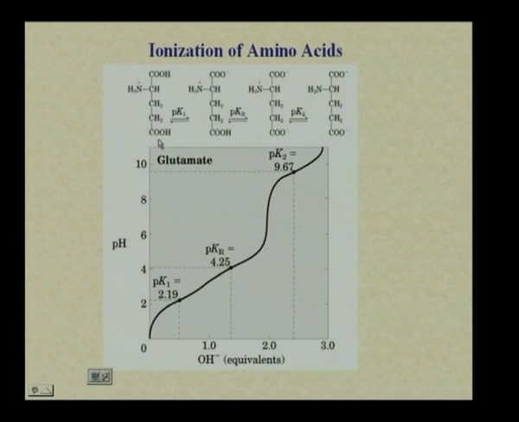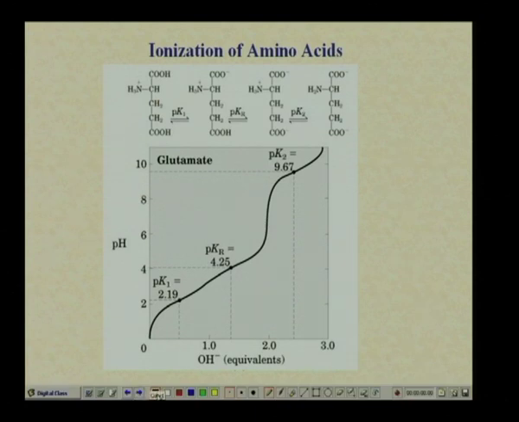At low pH, look at this species. This is the side chain. So, this is our side chain, right. This is the carboxylic acid part of the amino acid. This is my NH3 plus.